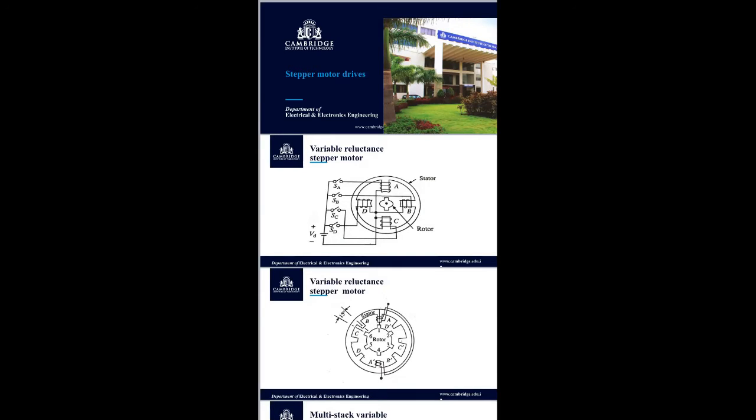The figure shown is a 4 cross 2 pole arrangement, that is 4 poles in the stator and 2 poles in the rotor. Here you can see A, B, C, D, which are connected to the source with the semiconductor switches. So 4 phases are there. They are excited in the sequence A, B, C, D, A.